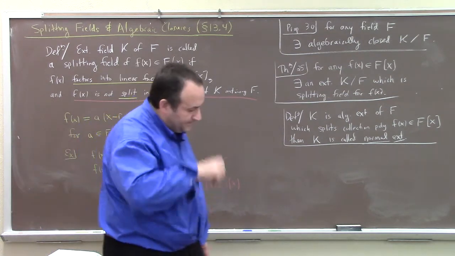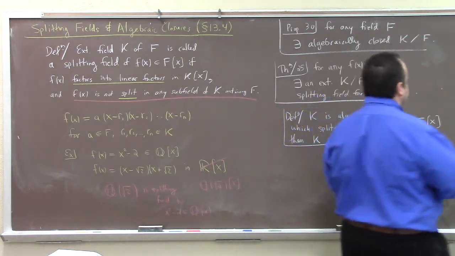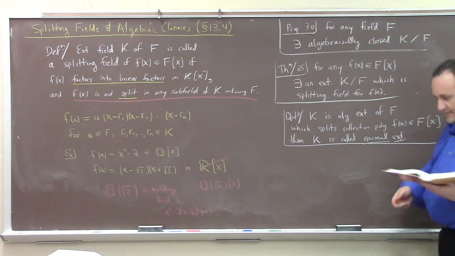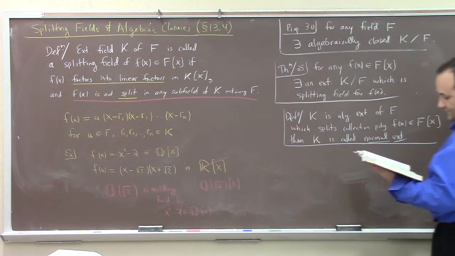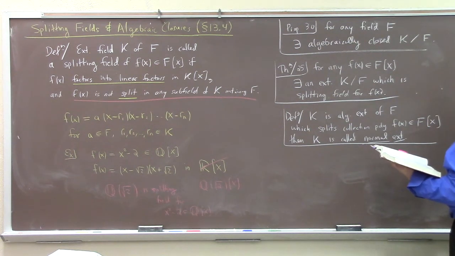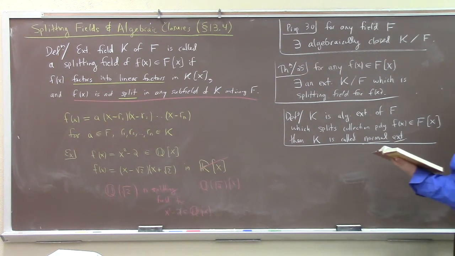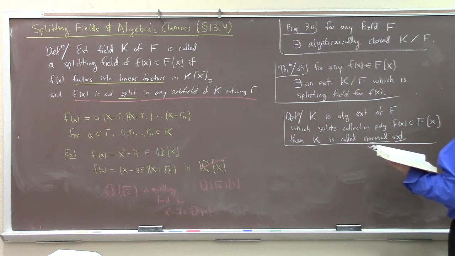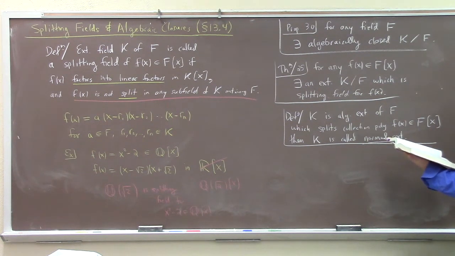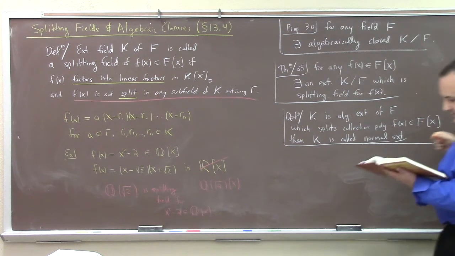Okay, so proposition 26. A splitting field for a polynomial f of x with the degree of f of x equal to n, right?